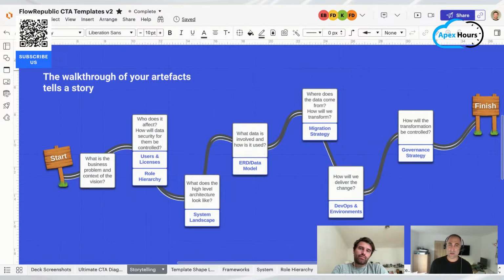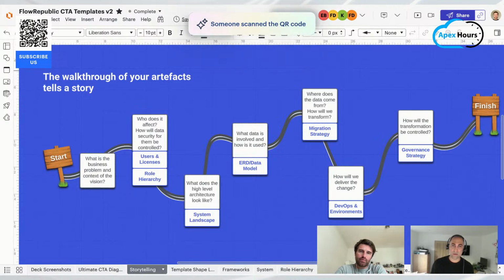So in this journey, we're using the artifacts to explain the vision and the purpose of the business and the environment within which they're operating. Then we use users and licenses or role hierarchies to frame who and what parts of the company are affected and how. Moving on, where is that change in the overall technology landscape underpinned? That's your system landscape. And in doing so, what is the data that we're dealing with?